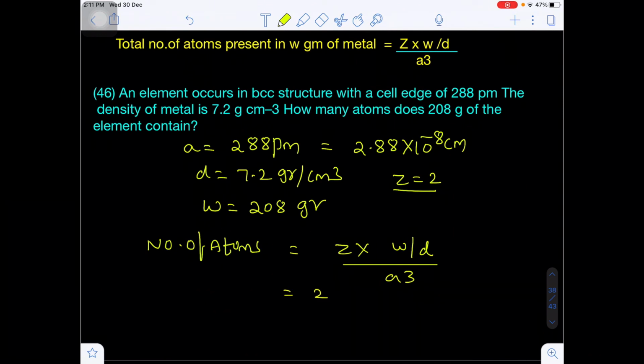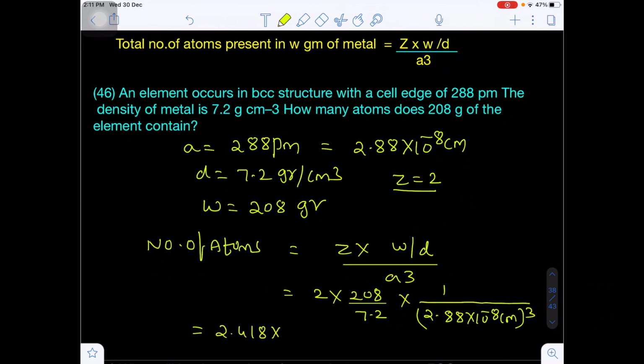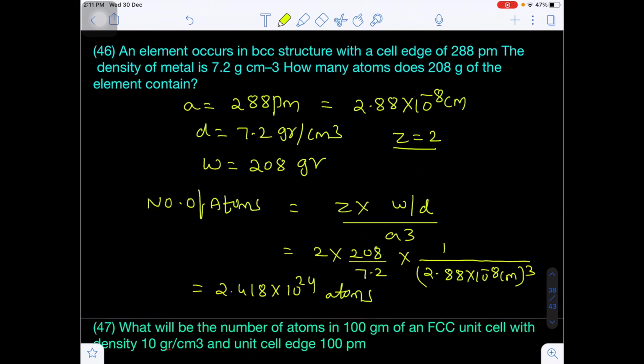Z value is 2, weight of the metal is 208, density is 7.2, and the unit cell edge length is 2.88 into 10 to the power minus 8 centimeter. So we take the a cube value, which is the volume of the unit cell. After simplification, you will get 2.418 into 10 to the power 24 atoms.